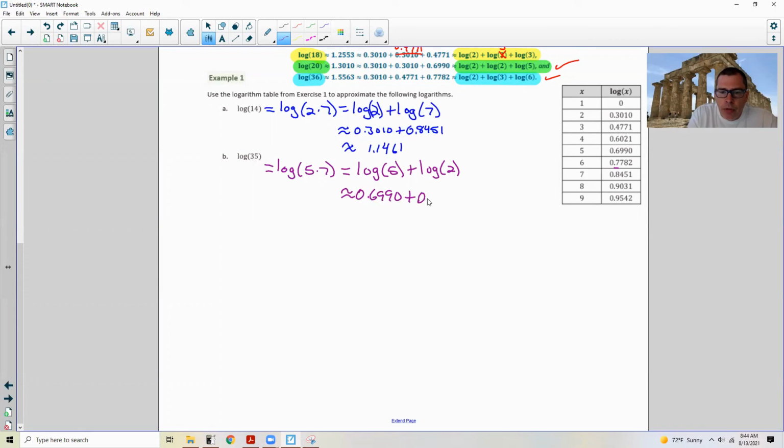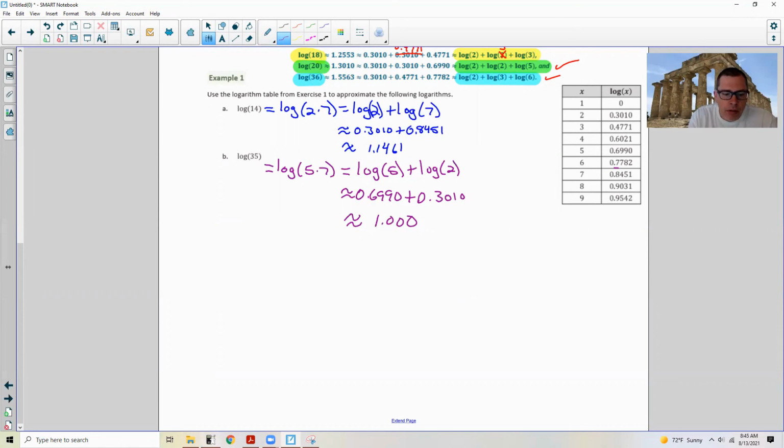Adding: 0 plus 0 is 0. 1 plus 9 is 10, carry the 1. 6 plus 3 is 9 plus 1 is 10. So that comes out to be 1.